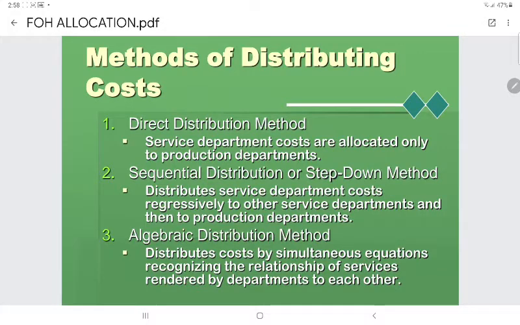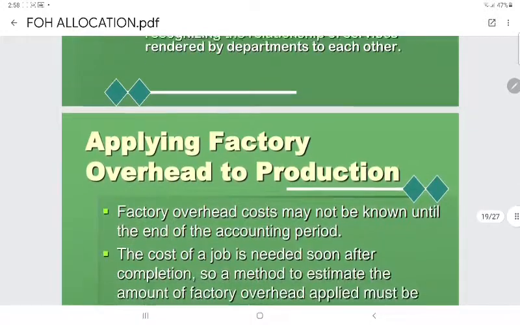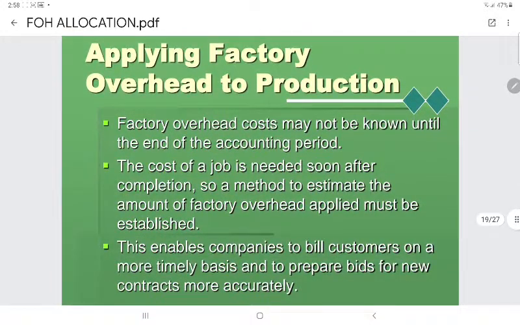So dito magsasample tayo. Then the application, when you're applying or determining the standard cost of factory overhead, you need to know the reason. Kasi ano-ano daw by reason? Because of, you have to be relevant.